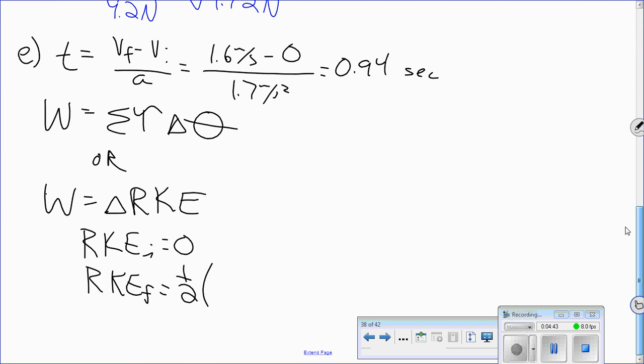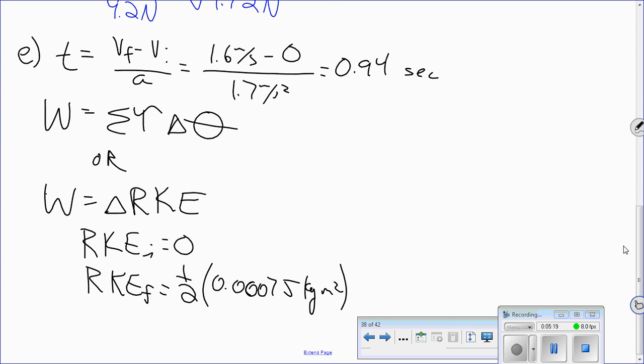So I is 0.007. RKE is rotational kinetic energy. Sorry, that's the notation I'm using with my honors students. Sorry about that, Mike. All right, so there's our I.